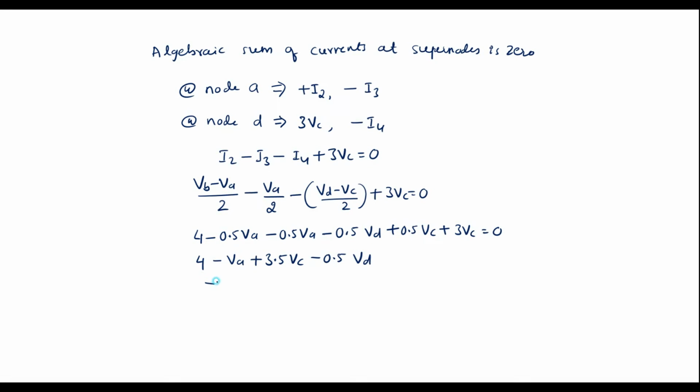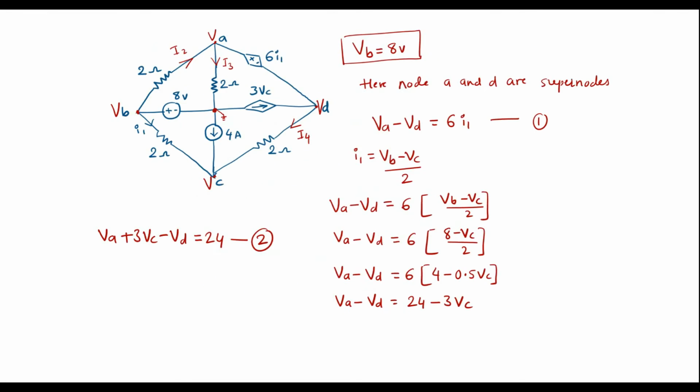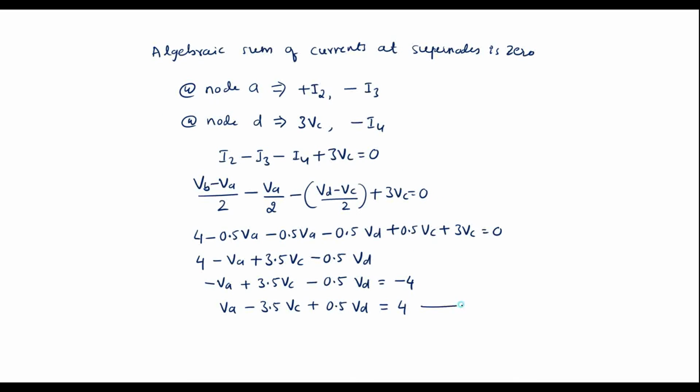Or I can write minus Va plus 3.5 Vc minus 0.5 Vd is equal to minus 4. Or I can write Va minus 3.5 Vc plus 0.5 Vd is equal to 4. Let me call this equation number 3.